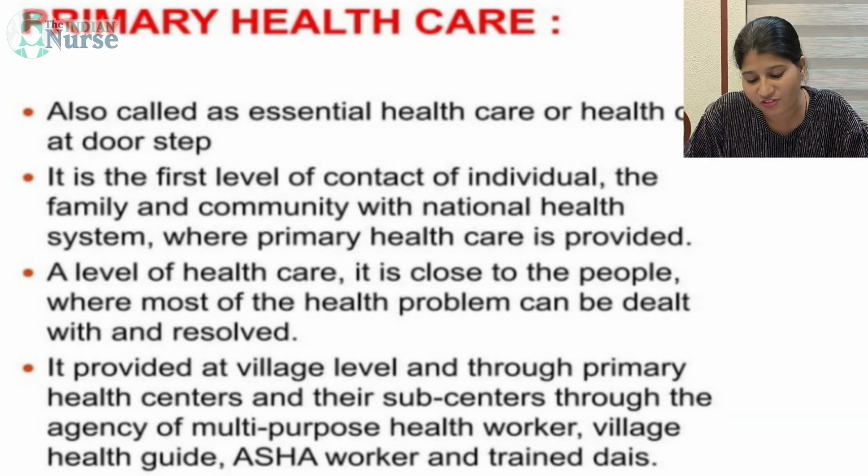It is provided at village level through the primary health center and the sub-center, by the agency of the multi-purpose health worker, village health guide, ASHA worker and trained dais. So this level is provided at village level either by the primary health center or by the sub-centers.